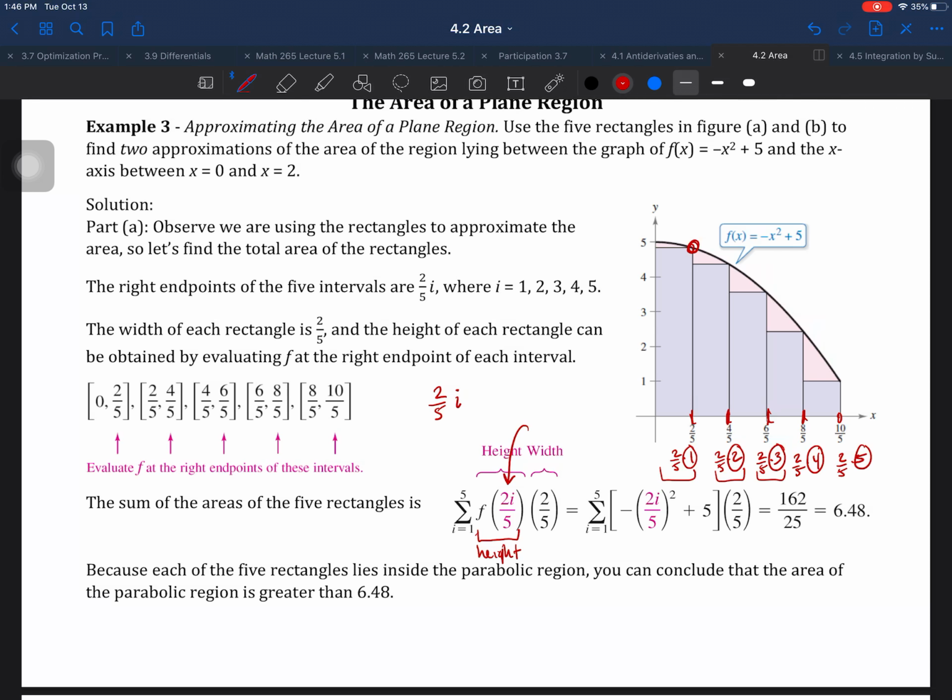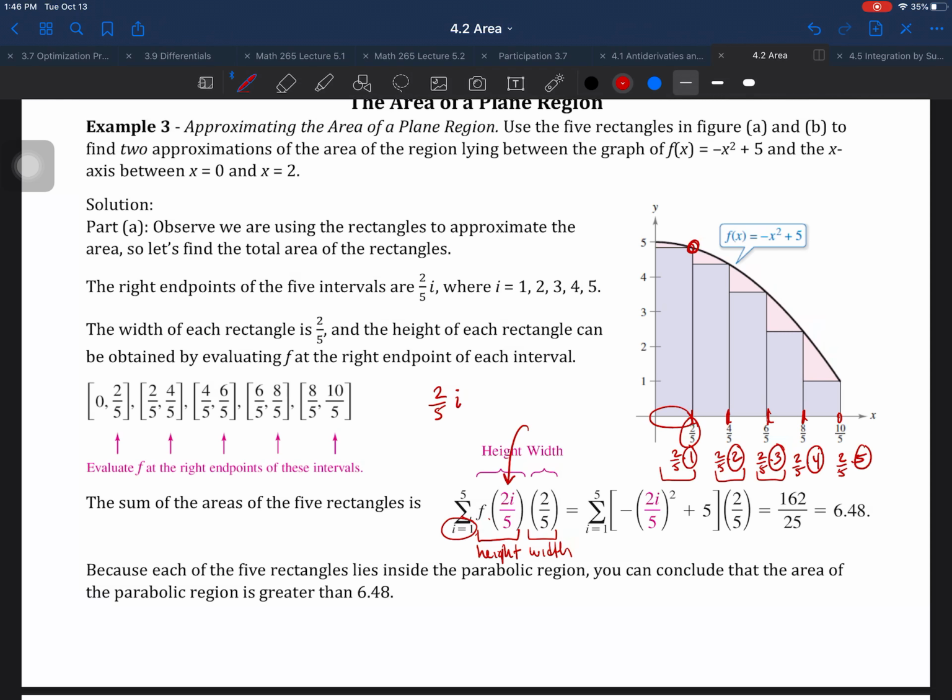So the height will be f of these numbers, right? The way we're going to describe them is by putting a value; the input will depend on the index. Then we're going to come back here and multiply by the width.